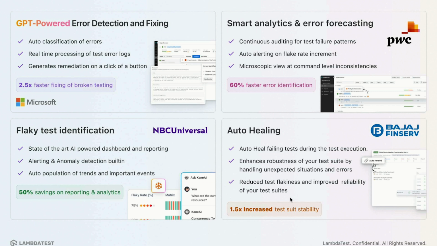With the smart analytics and error forecasting, you can figure out the flakiness in your test cases. With inbuilt auto healing features, your test cases heal whenever there is a failure while execution so that you don't have to run the whole test suite again.